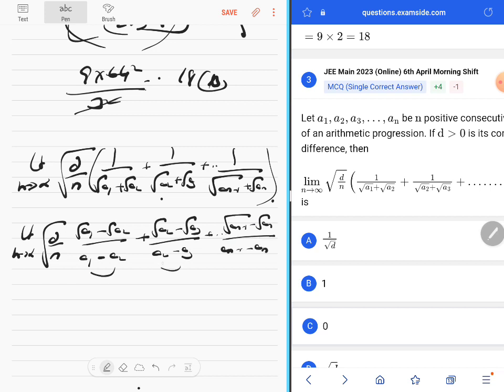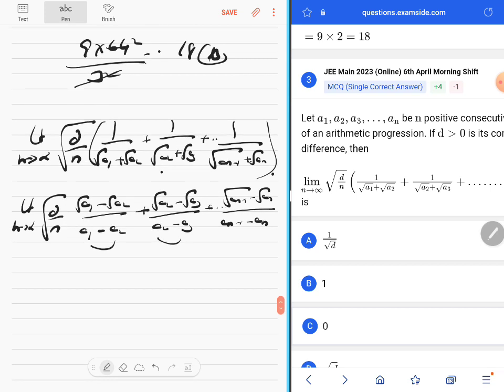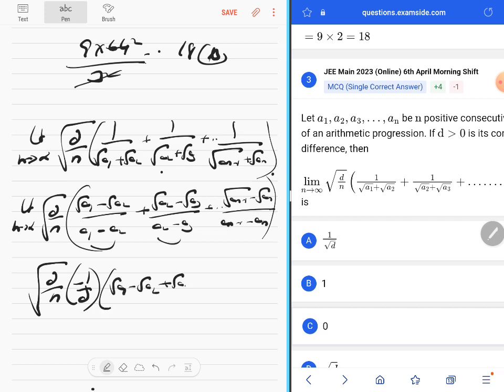Can you see this is the common difference, but it's a1 minus a2, so minus d. So then you can write it as minus d. So root of d by n into minus 1 by d. So that's the LCM, and you're left with root of a1 minus root of a2 plus root of a2 minus root of a3 plus dot dot, root of a(n minus 1) minus root of an.